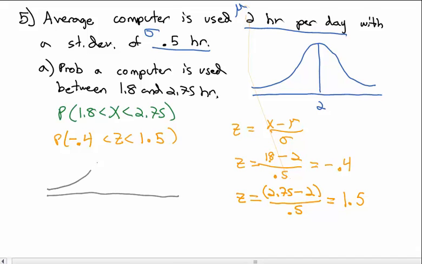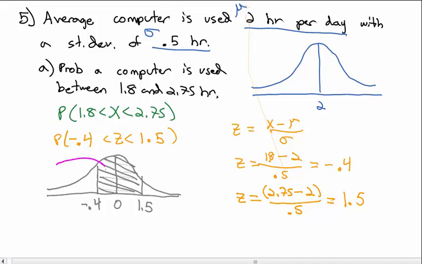So now, if I draw my standard normal at 0, the negative 0.4 is to the left, the 1.5 is to the right, and we want z to be the area in between.